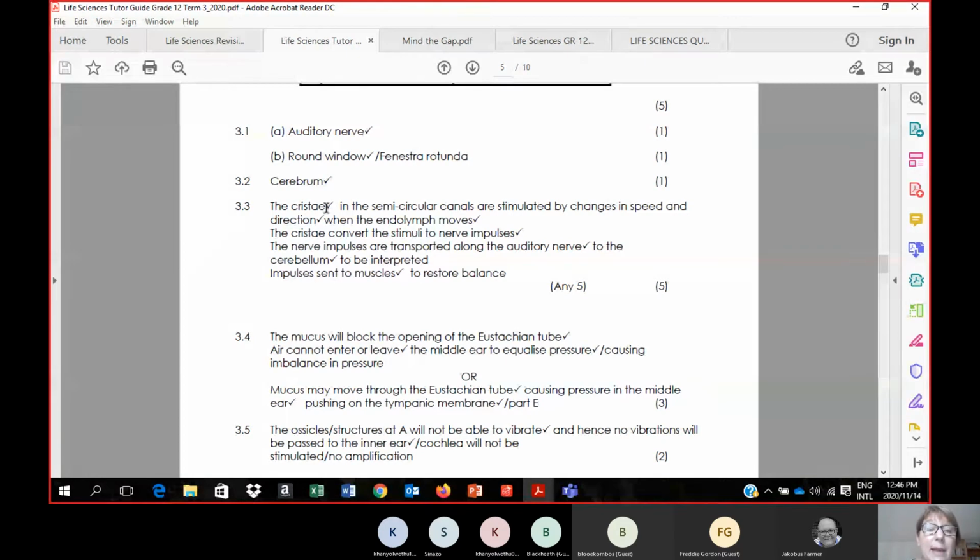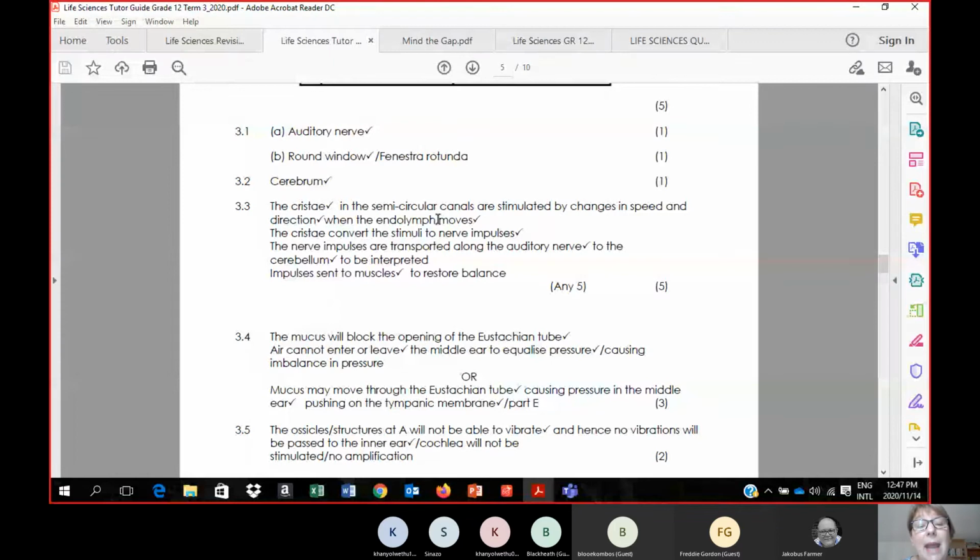The cristae, okay, these are these little receptors that respond to mechanical stimuli, because remember there's fluid inside those semicircular canals. So the cristae in the semicircular canals are stimulated by changes in speed and direction when the endolymph moves.